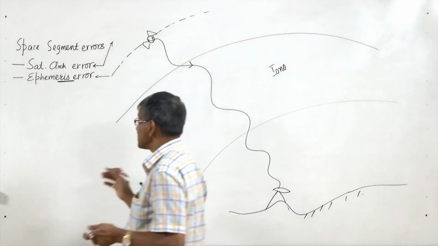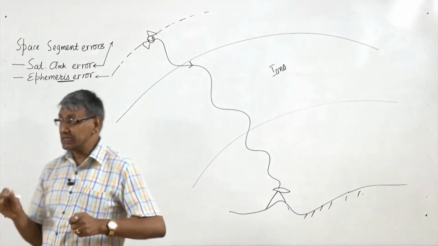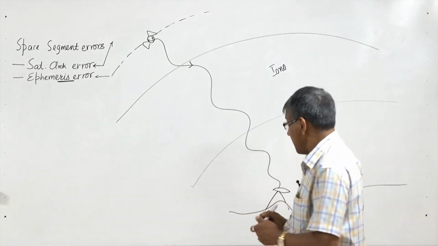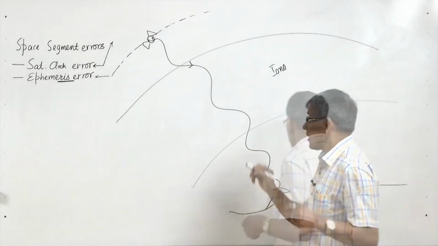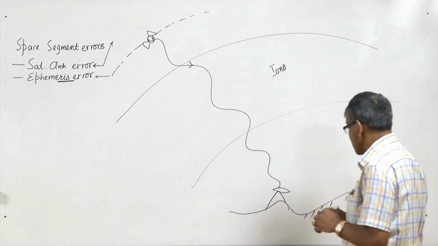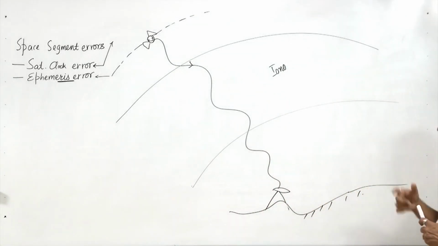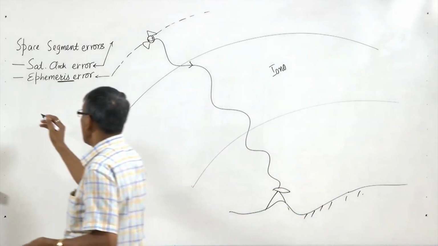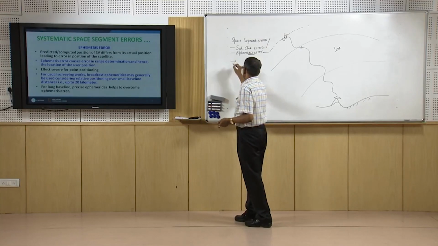Small means less than 20 kilometers, because in that case it is assumed that most of the error due to ephemeris may be equal for both stations, and may cancel each other, or for a long baseline we should go for precise ephemeris.